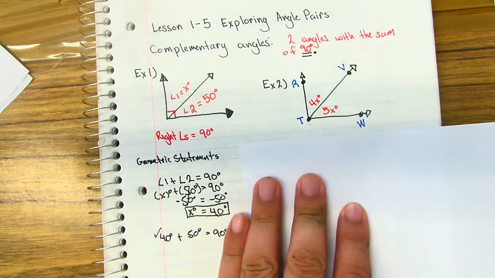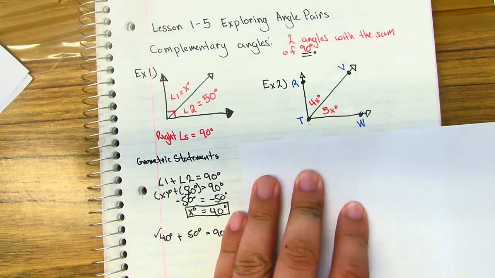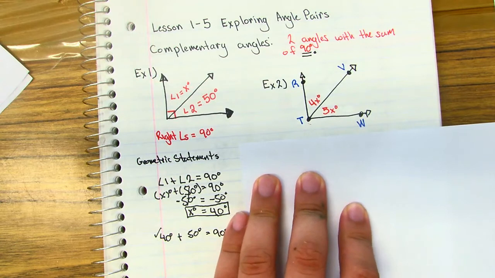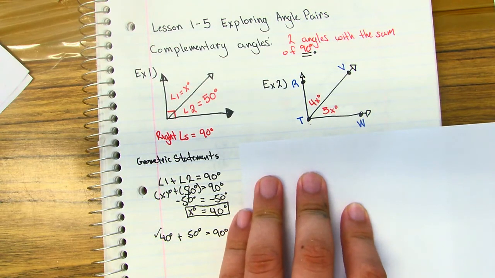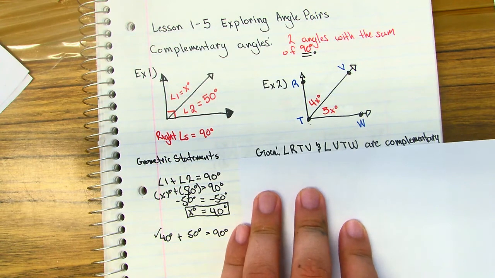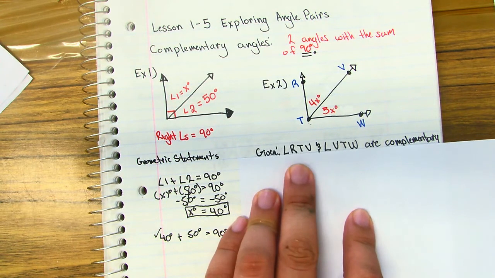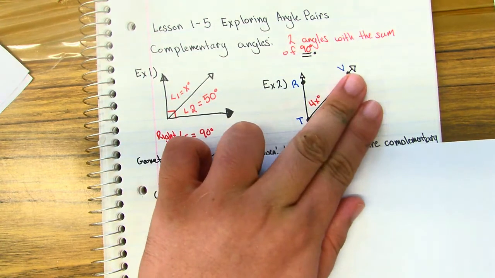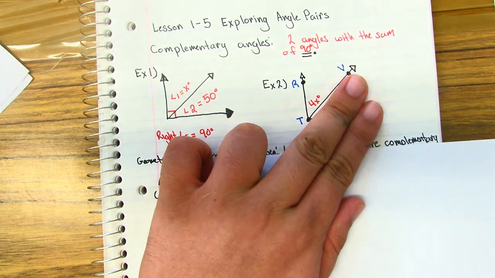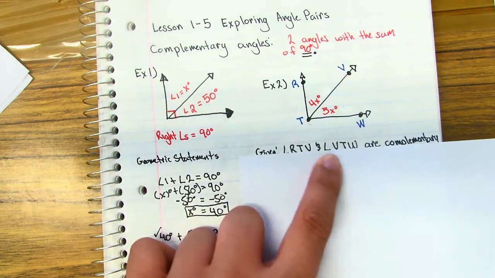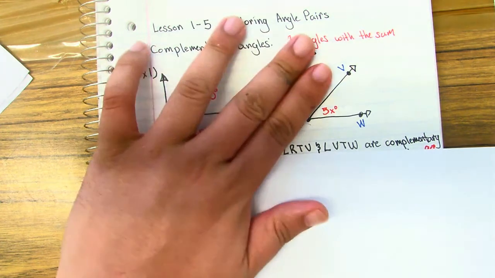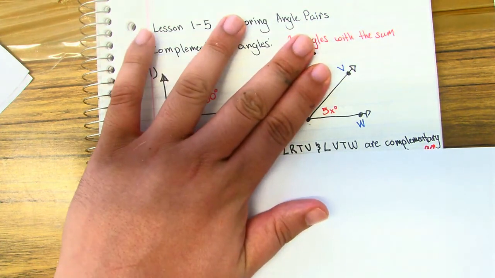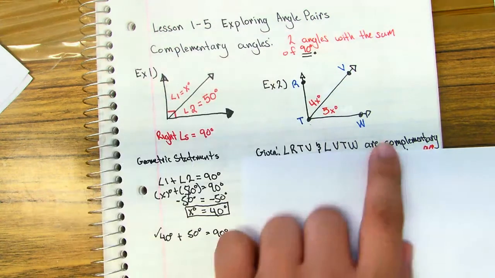Now, once again, we're not working with numbered angles, we're working with lettered angles, just so you can be accustomed to those problems. Here, it's given that angle RTB, which is talking about this angle here, and angle BTW, talking about this angle here, are complementary angles.